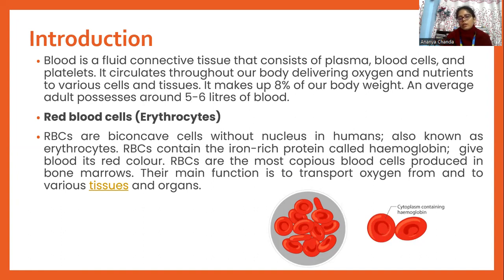This hemoglobin carries oxygen, and the iron present in the hemoglobin contributes the red color. RBCs are the most copious blood cells, produced in the bone marrow, mainly in the red bone marrow. Their main function is to carry oxygen from one tissue to another, to the organs.